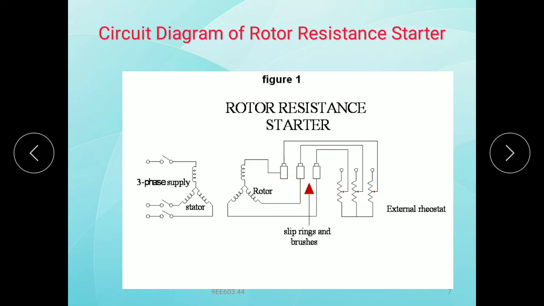Then it also reduces the stator current, so it draws low supply current. Voltage is the same, but the supply current is reduced. It also improves the power factor of the rotor, and the starting torque is increased. Then gradually the external rheostat is cut out.